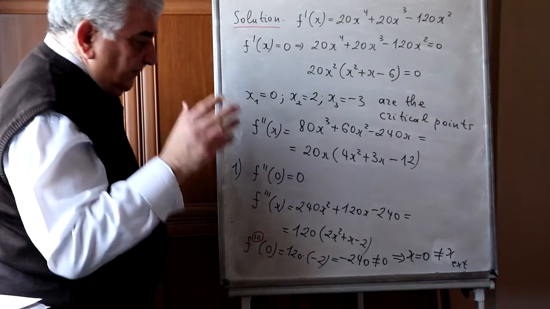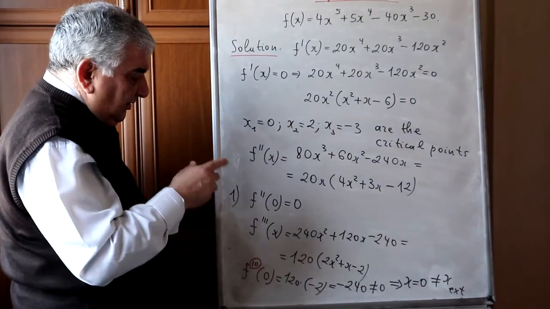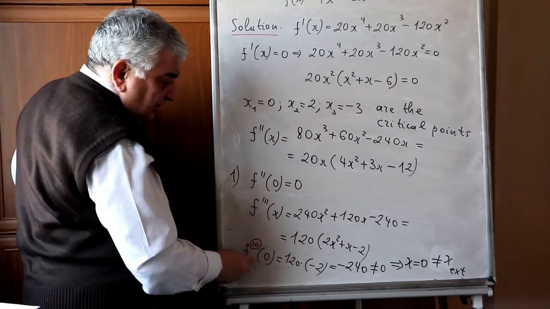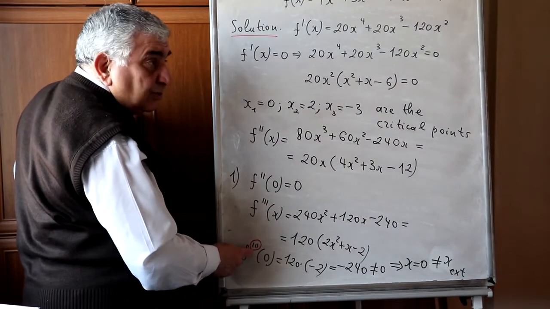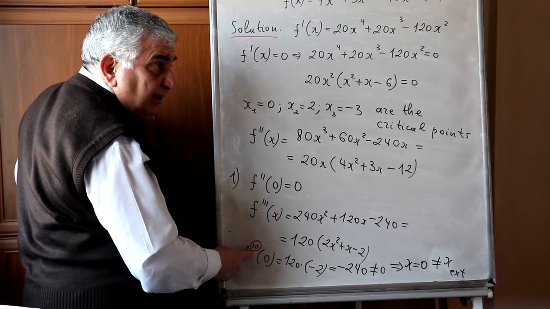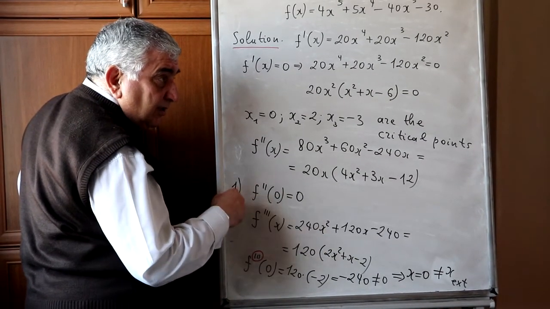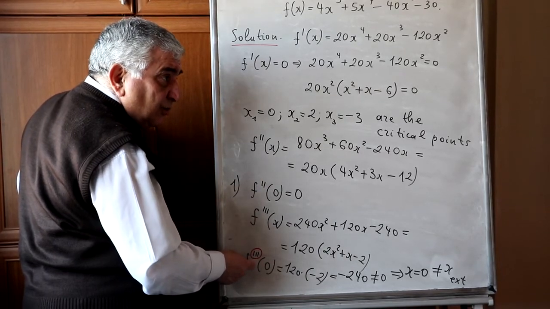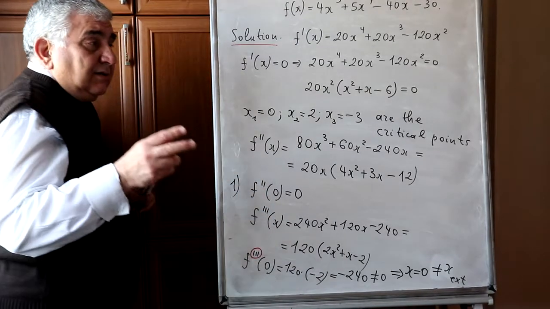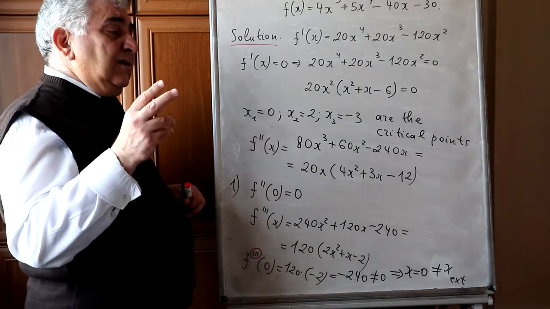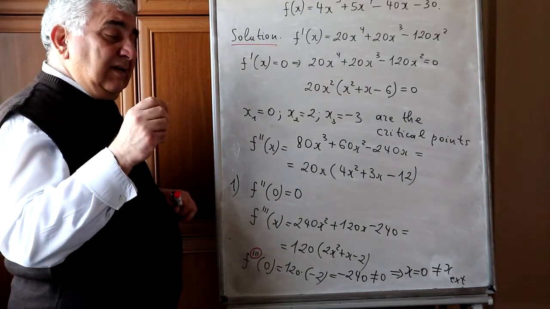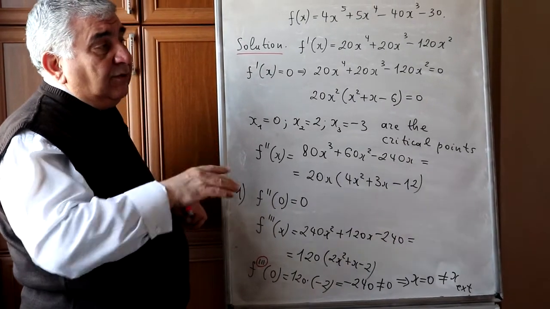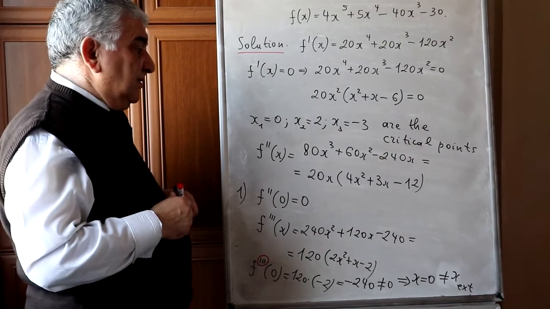Why? Again, repeat. Here, the first non-zero derivative is the third derivative. Its order is 3, that is an odd number. According to the condition of investigation, if the order of the first non-zero derivative is an odd number, it means the given critical point isn't an extreme point. Then continue.